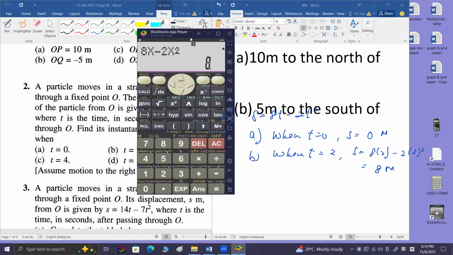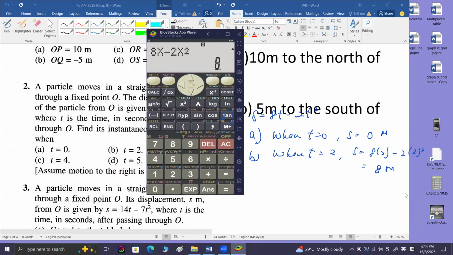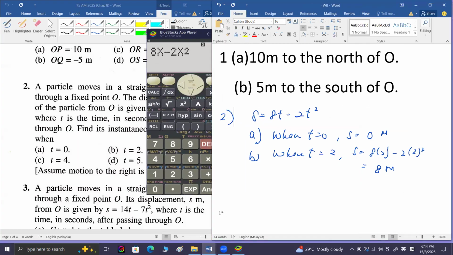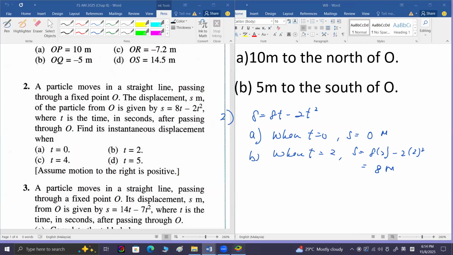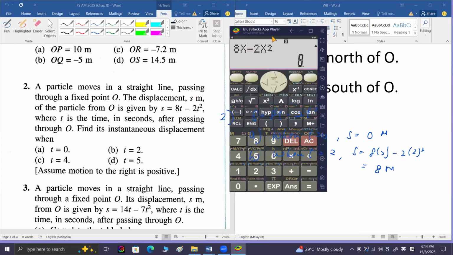Then you go calculation 4 equal. Then you get 0. Calculation 5 equal. Then you get negative 10. Okay, now this is the way how you apply with the calculator. If the expression is the same and you got many values. Okay, got the class?